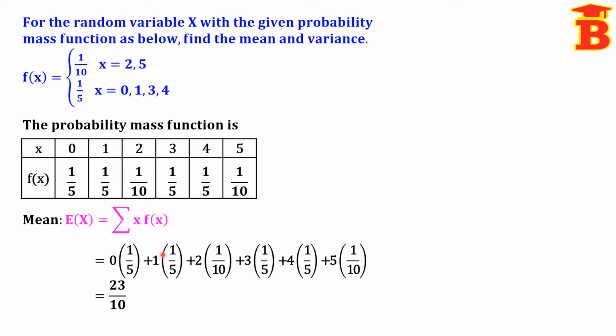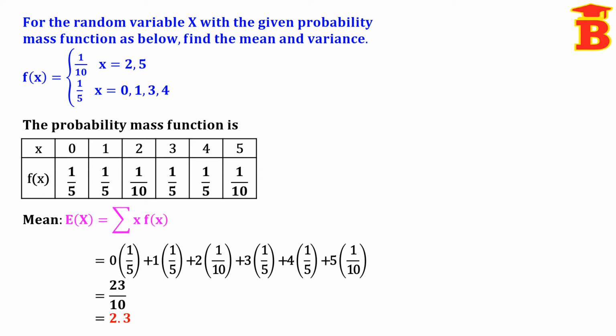That is 1 into 2, 2. 2 plus 2, 4. 4 plus 6, 10. 10 plus 8, 18. 18 plus 5, 23. So taking 10 LCM, we get 23 divided by 10, which is equal to 2.3. So the mean answer is 2.3.